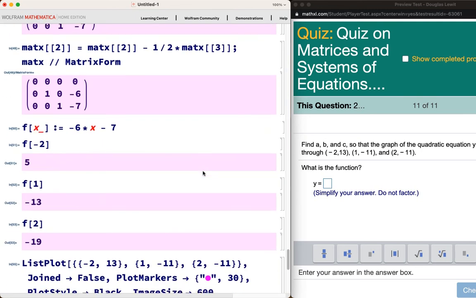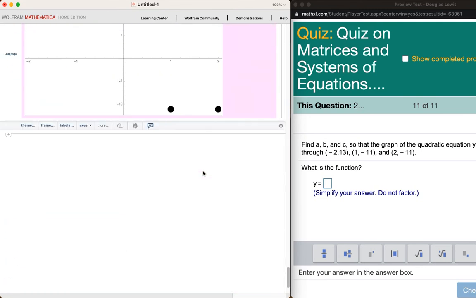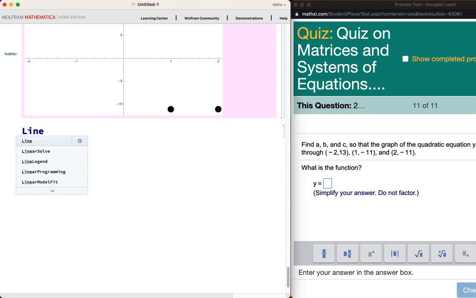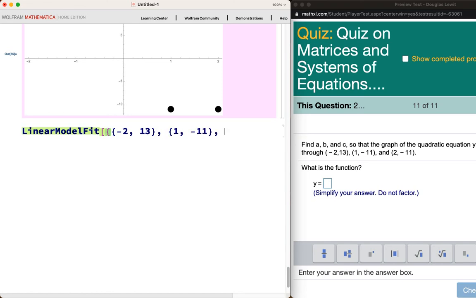That is really, really weird that I'm getting this as an answer. So you know what I'm going to do? I'm going to cheat a little bit. Let me use linear model fit. Negative 2, 13, 1, negative 11, 2, negative 11.